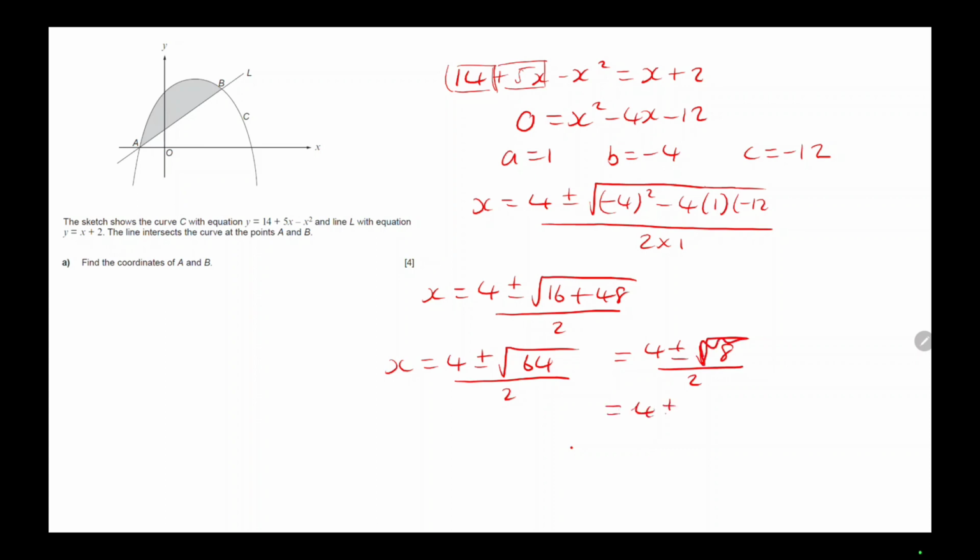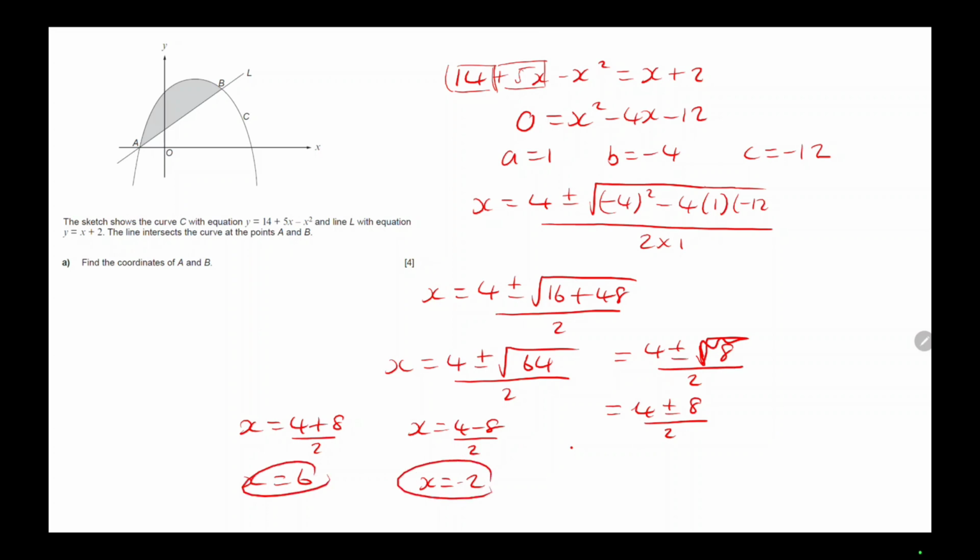My apologies. It's 4 plus or minus 8 over 2. So the first solution would be 4 plus 8 over 2, and the second solution would be 4 minus 8 over 2. The first one gives us 6. The second one gives us 4 minus 8, which is minus 4, divided by 2, minus 2.